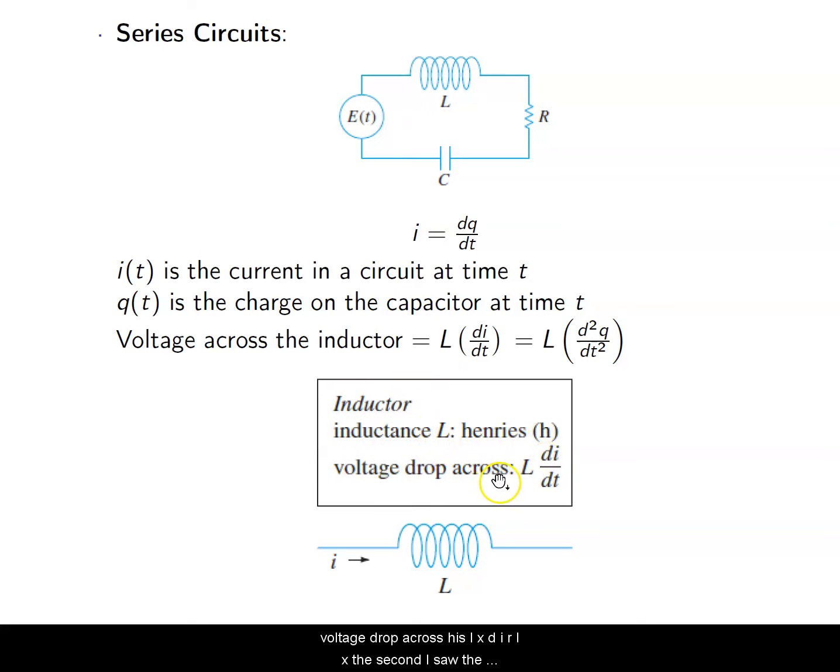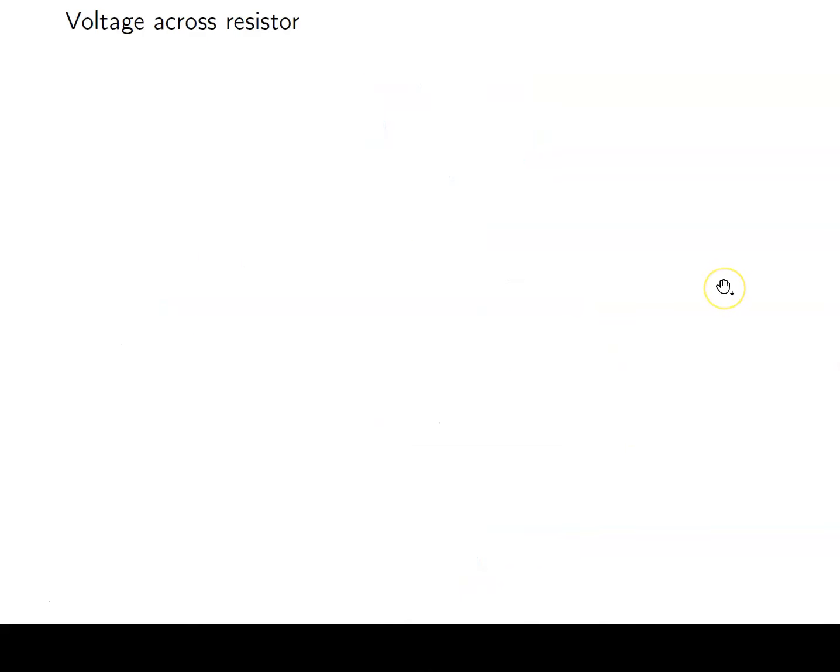The voltage drop across is L times dI/dt, or L times the second derivative of Q, right? So the voltage drop just means how much voltage is going across this inductor, right? So the current goes over the inductor and it changes over the inductor, right?